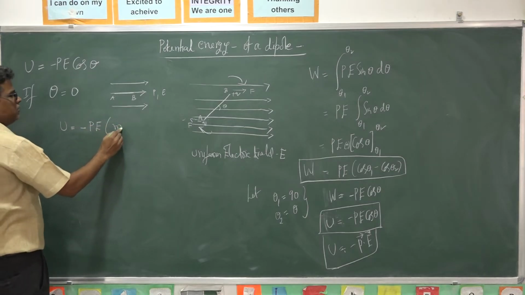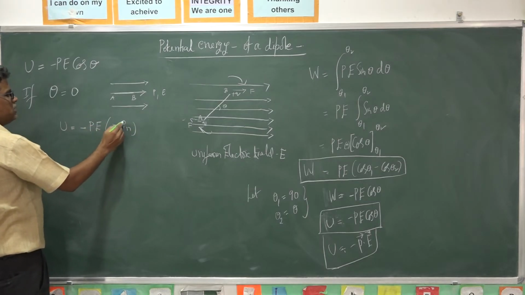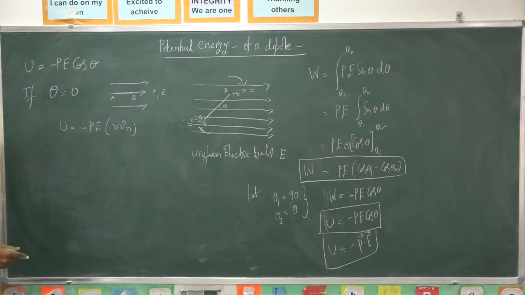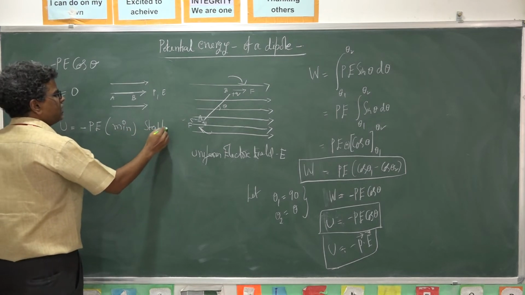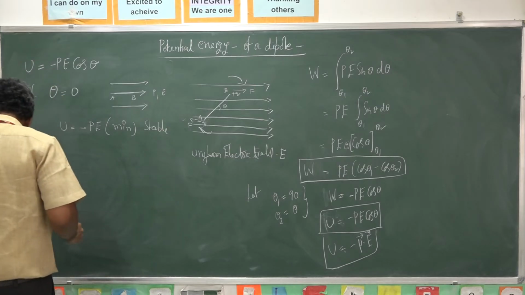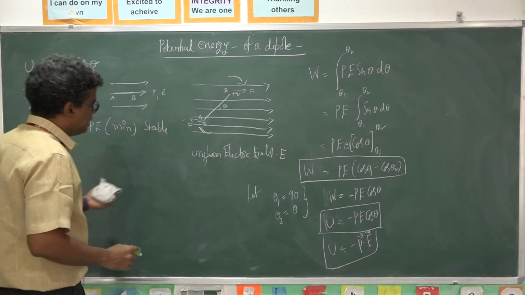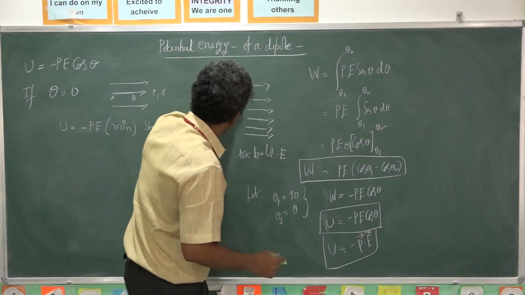That is minimum. So this potential energy being minimum means it is stable equilibrium. The dipole is under stable equilibrium.